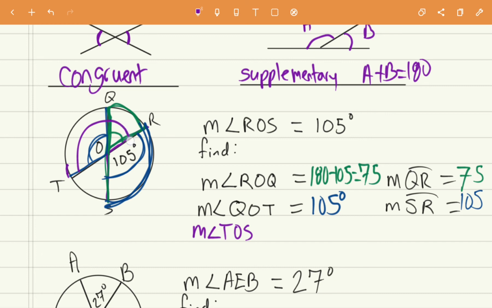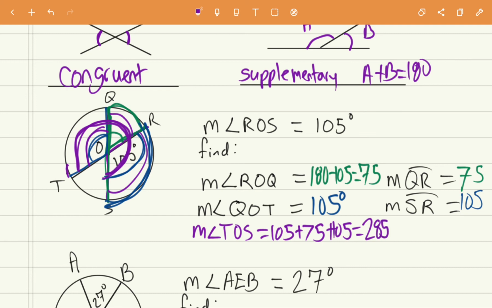So let's say I want to find this angle. We know all three of these angles. We can add them all together. So that gives us 105 plus 75 plus 105. And that will equal 285.